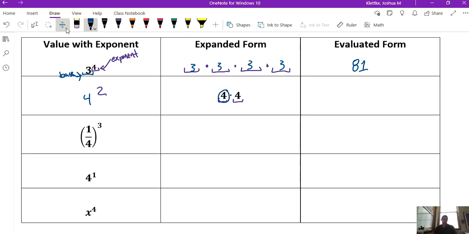So here we have 4 to the 2nd power. Typically, you're going to write the base first, then the exponent to make sure it's the right size. My explanation, though, was better done with explaining the exponent first. Evaluated form would be 4 times 4, which is 16.